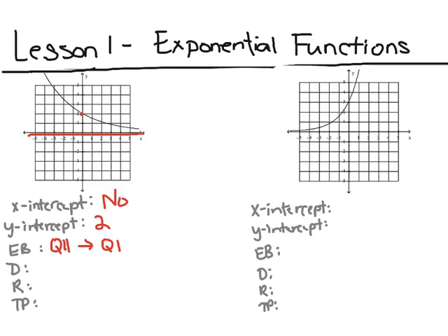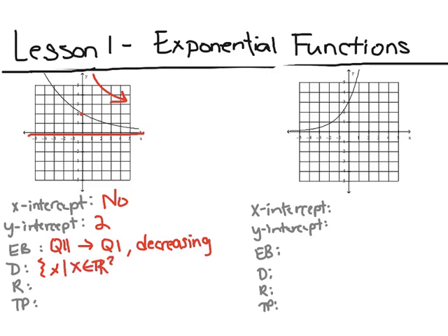This is the same as the other one. It starts in quadrant 2 and ends in quadrant 1. This is the same for all exponential functions with a positive base greater than 1, so it's really important that you put whether this is increasing or decreasing. Because it starts low, goes exponentially high towards infinity, it's increasing. The domain, it can go left and right forever, so x such that x is an element of the real numbers.